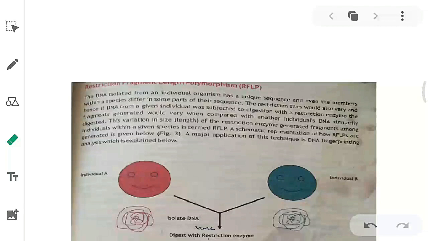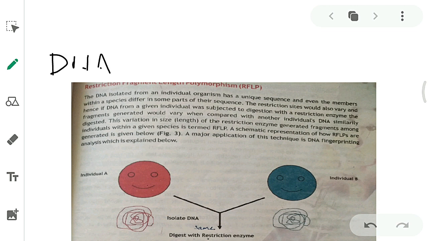Okay, restriction fragment length polymorphism. This is a technique used to compare two DNA fragments. And restriction fragment length polymorphism is also one of the bases of DNA fingerprinting. Hope you all know about this DNA fingerprinting.